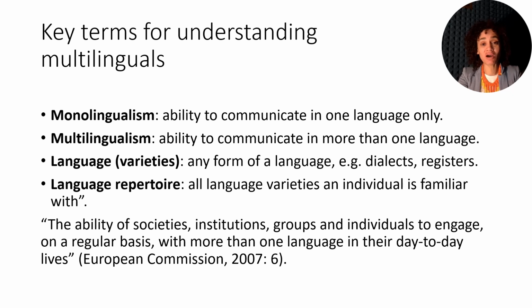So it could be a dialect, a sociolect, a register, etc. On the other hand, and it's also very useful in discussing linguistic diversity, we've got the notion of language repertoire. A person's language repertoire is effectively all the varieties that this person speaks. It could be languages, it could be dialects, it could be various things, as I've just mentioned.